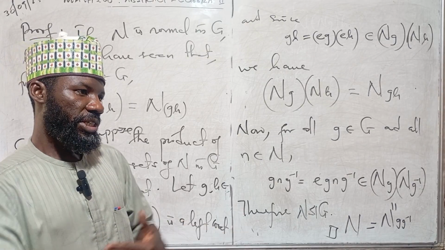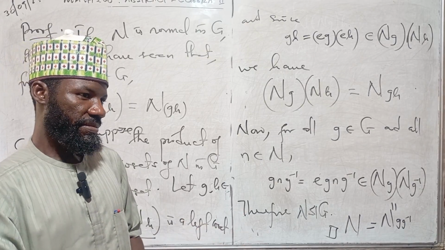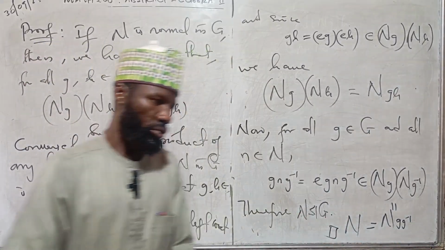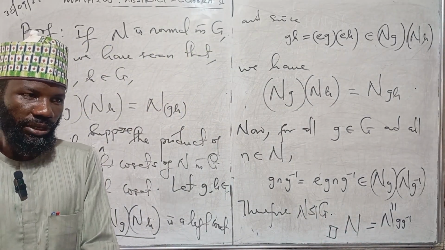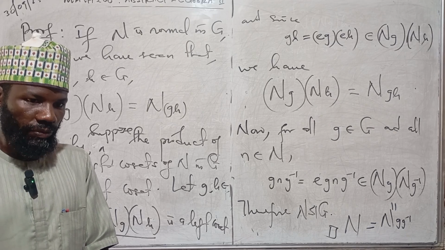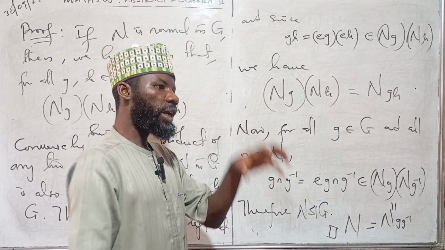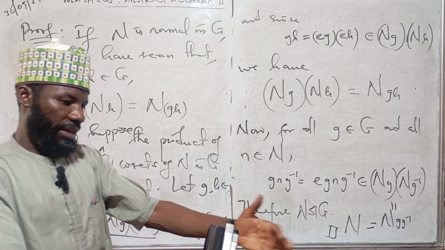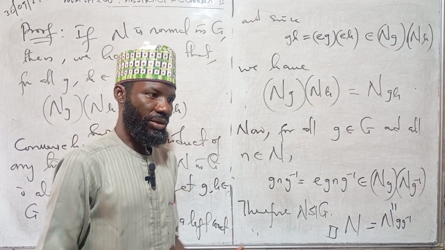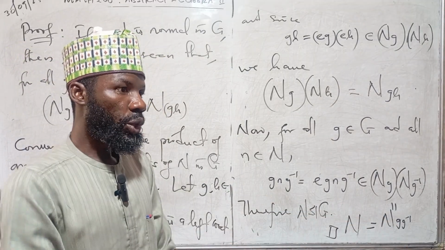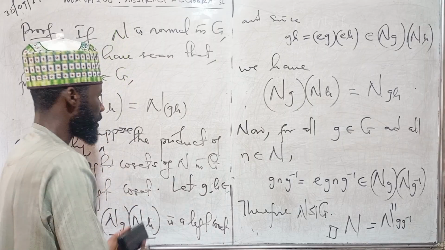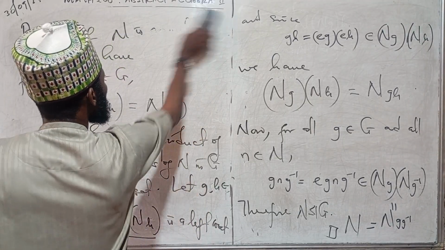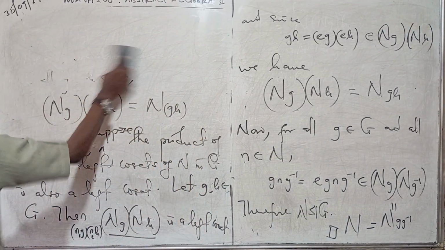Since this statement is biconditional, if N is normal, this will happen, and whenever the product of two left cosets is still a left coset, N will be normal. So only for a normal subgroup can you organize left cosets into a group. This is what we will do now, leading to what we call the quotient group.